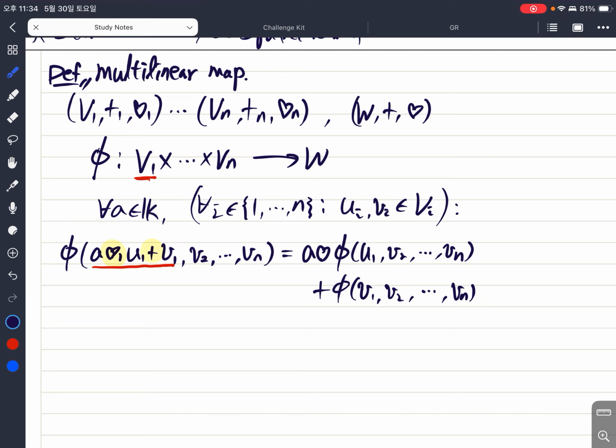So now it becomes scalar multiplication and addition in the target space.